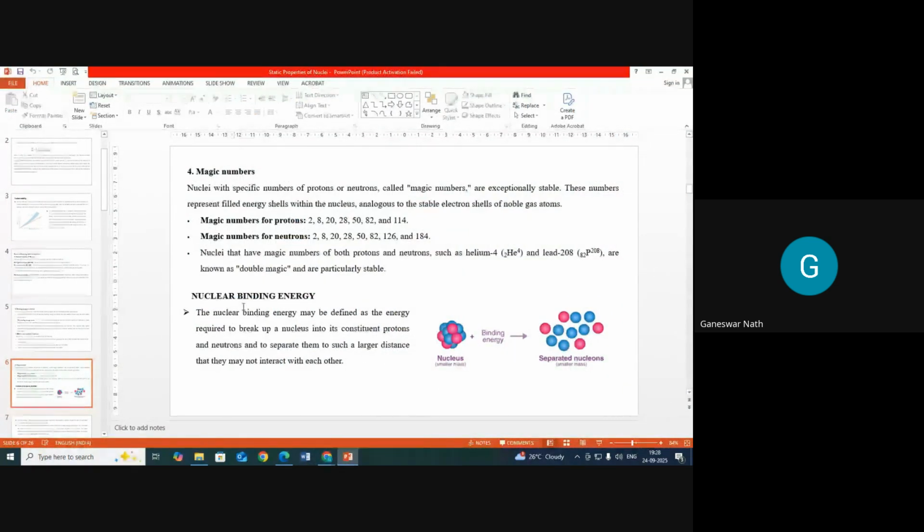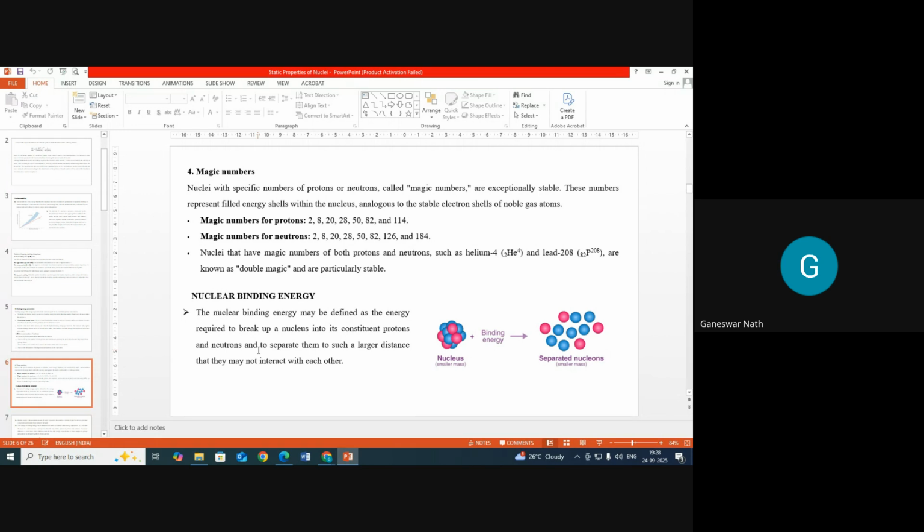Then let me come to the nuclear binding energy. You know that inside the nucleus, the protons and neutrons are present. But it is a very astonishing question how, though the protons are positively charged and the neutrons are neutral, they are bound together so closely inside the atom.